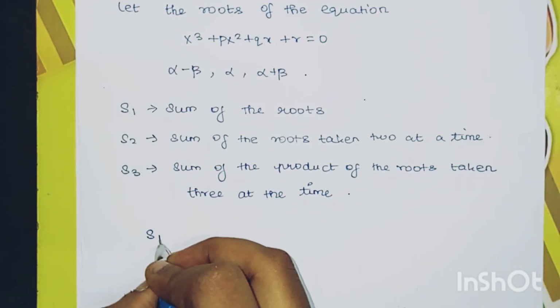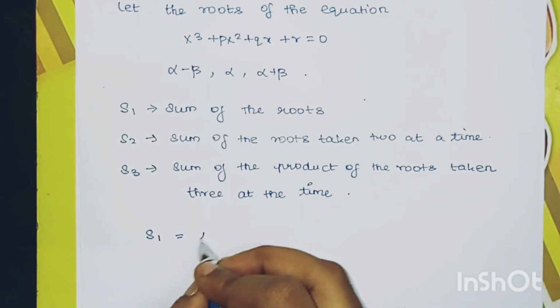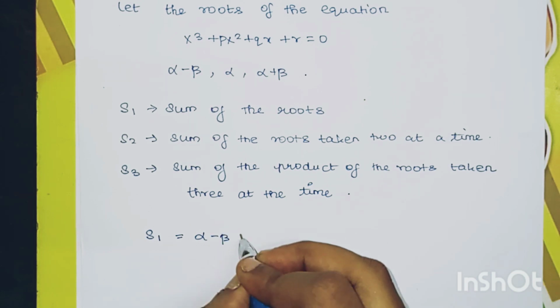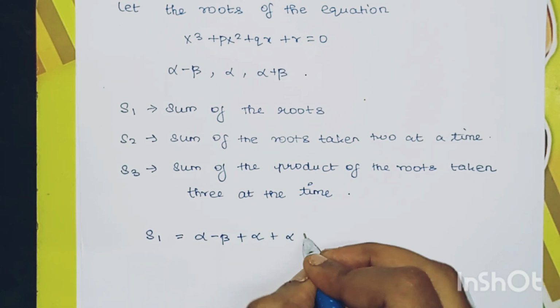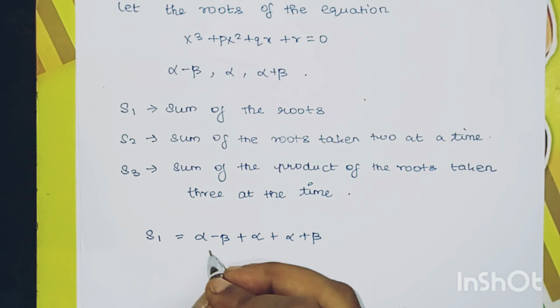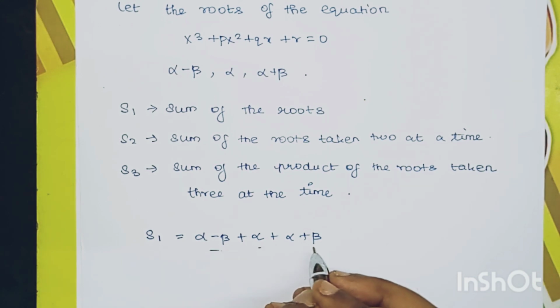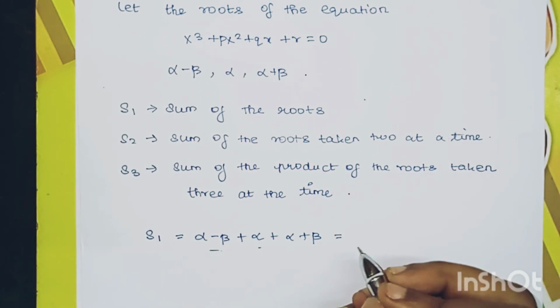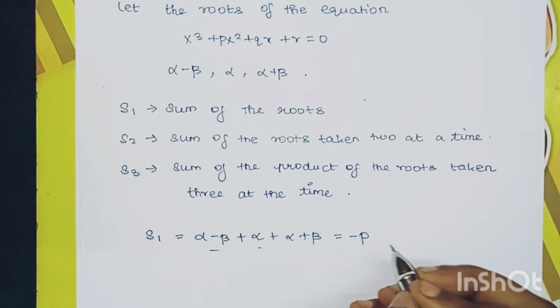So now S1 is equal to the sum of the roots, that is alpha minus beta plus alpha plus alpha plus beta. So the sum of the three roots is equal to minus p.